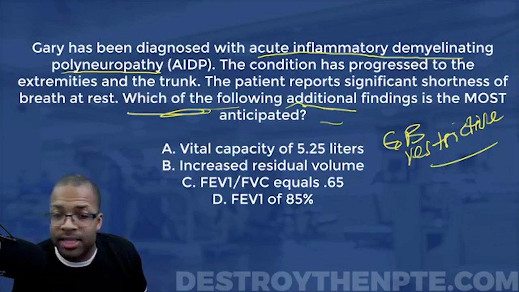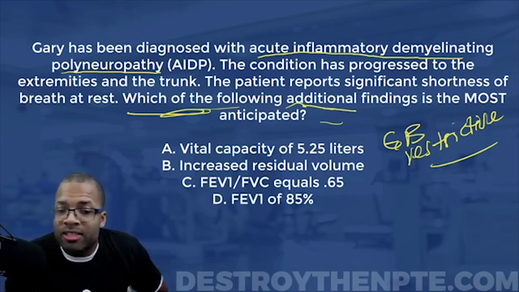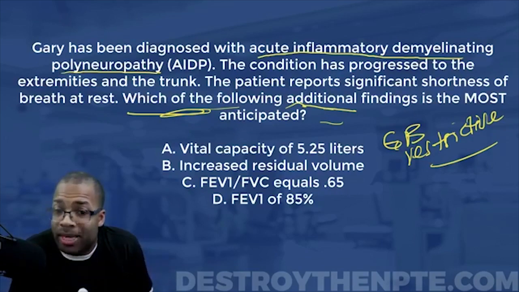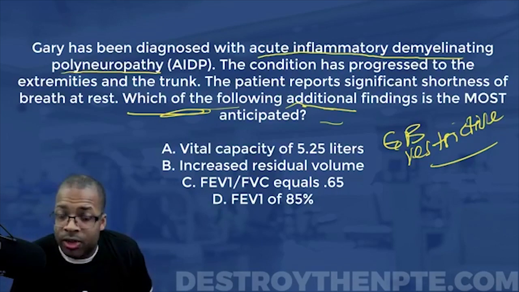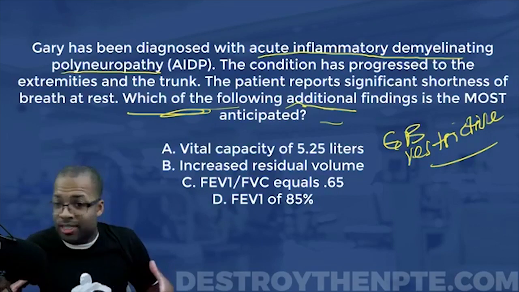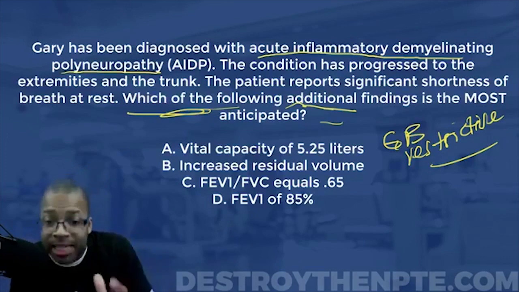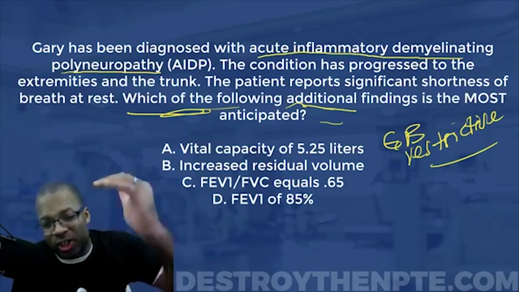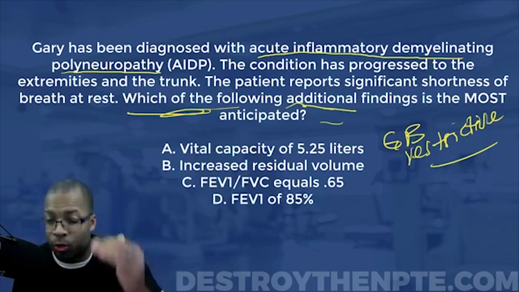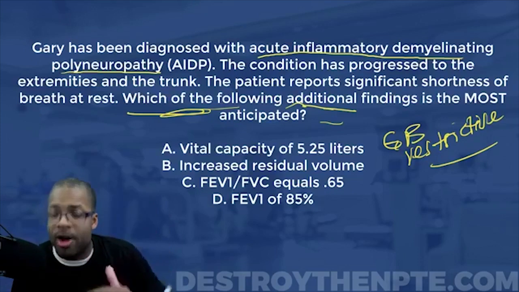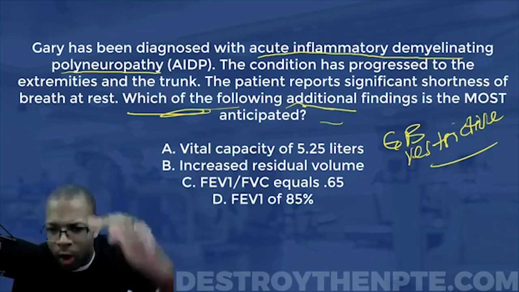It's not consistent because the person's vital capacity is actually going to be decreased, if anything. They're not going to be able to inspire as much. So instead of 5.25 liters, we should see it starting to drop closer to 3, maybe even below 4 liters.